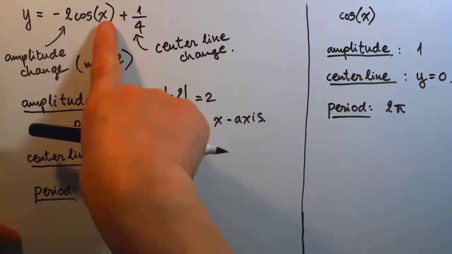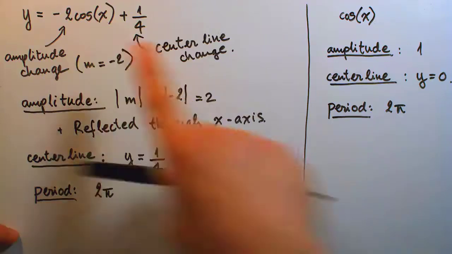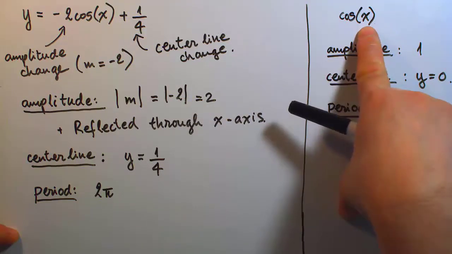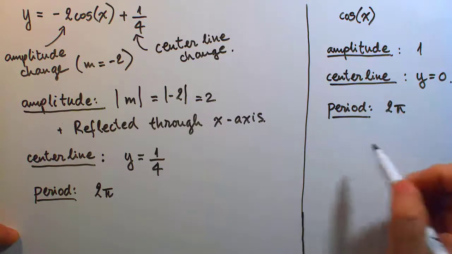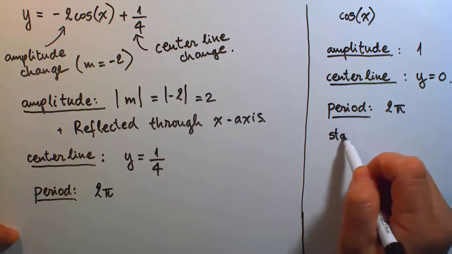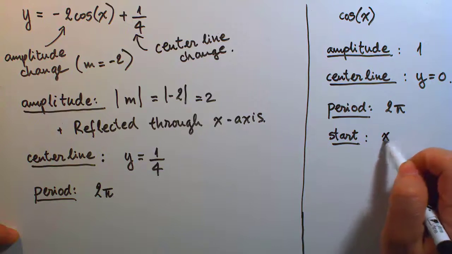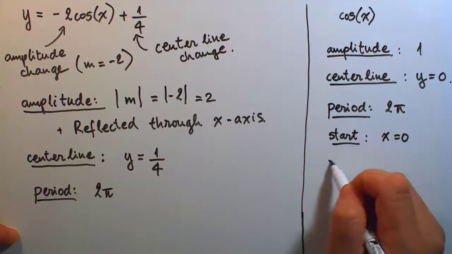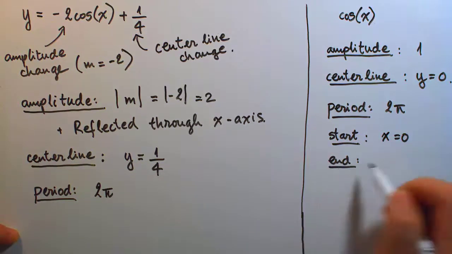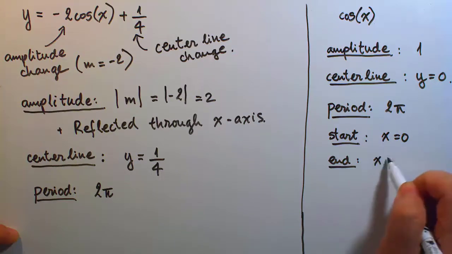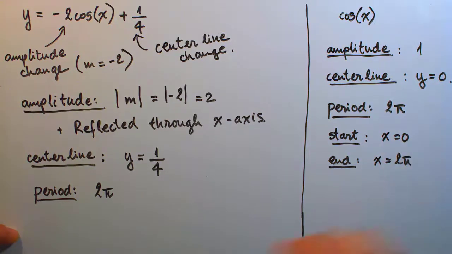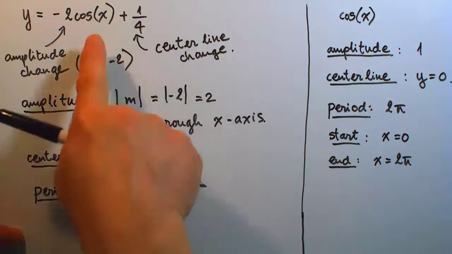The inside of our cosine of x function once again looks exactly like the inside of our original cosine of x. So the start on the original cosine of x is known to be x equals 0, and the end is known to be at x equals 2 pi, and so nothing changed here on our current function.